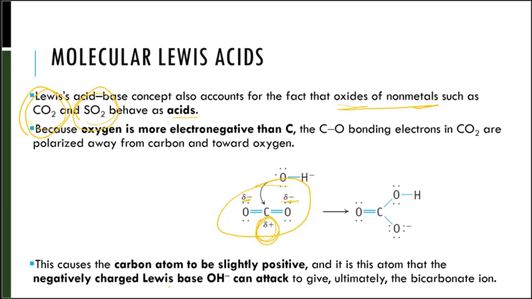That means that if it's met by a Lewis base like hydroxide, OH-, the slightly positive carbon allows that OH- to attack, and then that OH is able to bond to that carbon. So there's my original CO2, but the OH wants to attack and join right there. So that double bond then forms 2 single bonds.